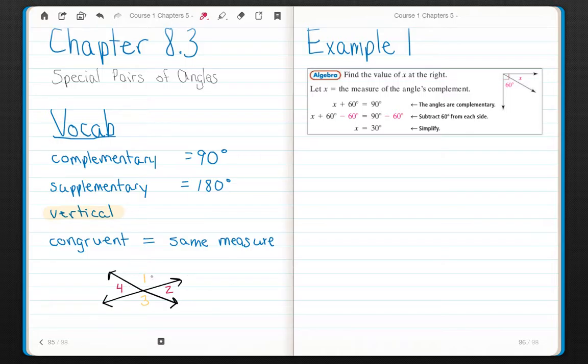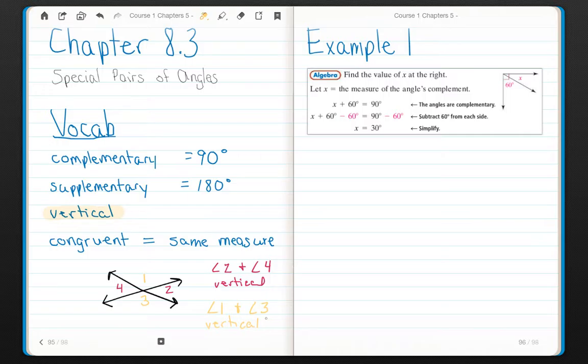The reason I numbered them in colors like this is because angle 2 and angle 4 are called vertical angles. They are opposite angles, and these two have the same measure. Angle 1 and angle 3 are also opposite angles, and they are also vertical angles and have the same measure.